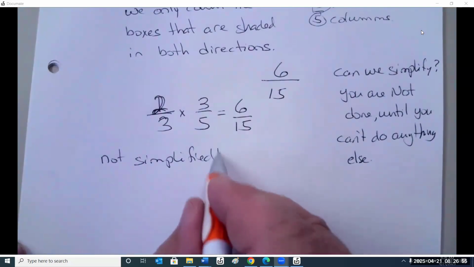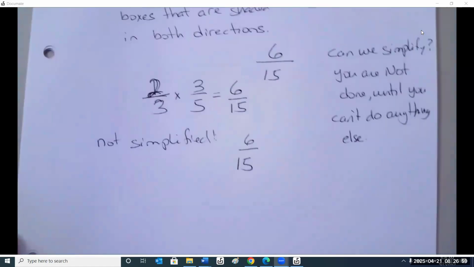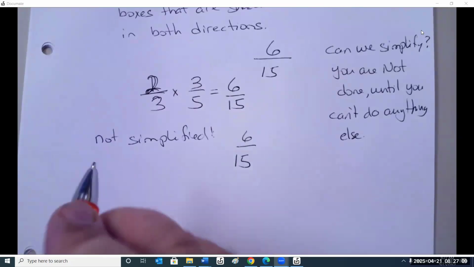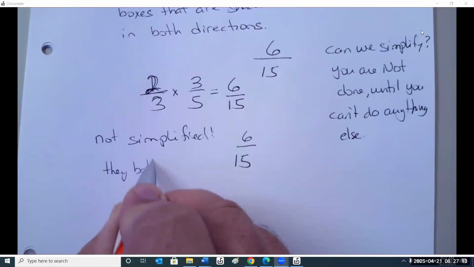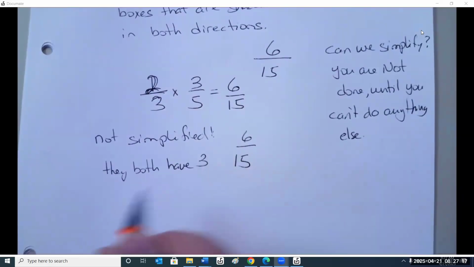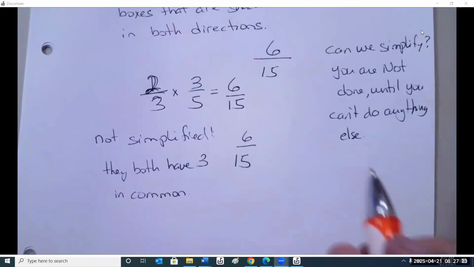It's not simplified. Why? Because the top and bottom can be divided by 3. Right. They both have 3 in common.